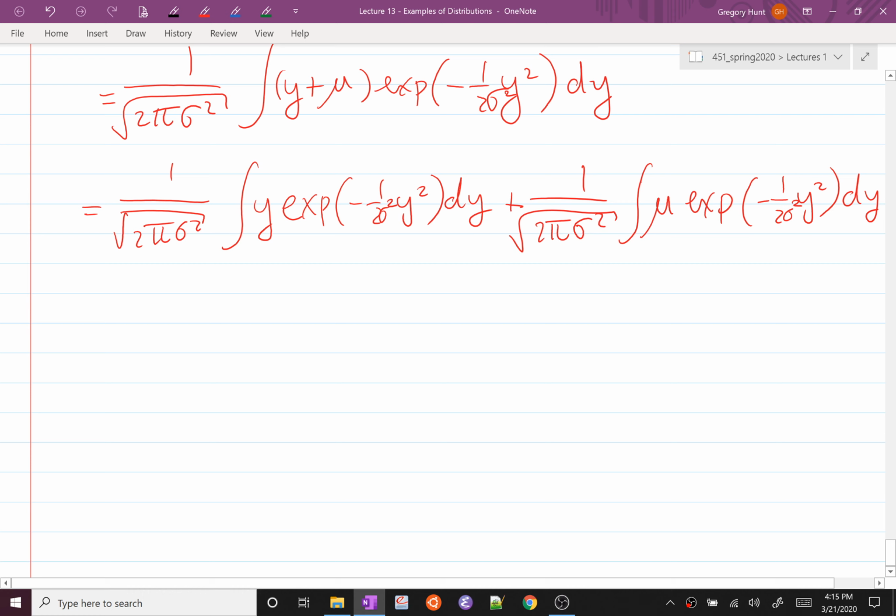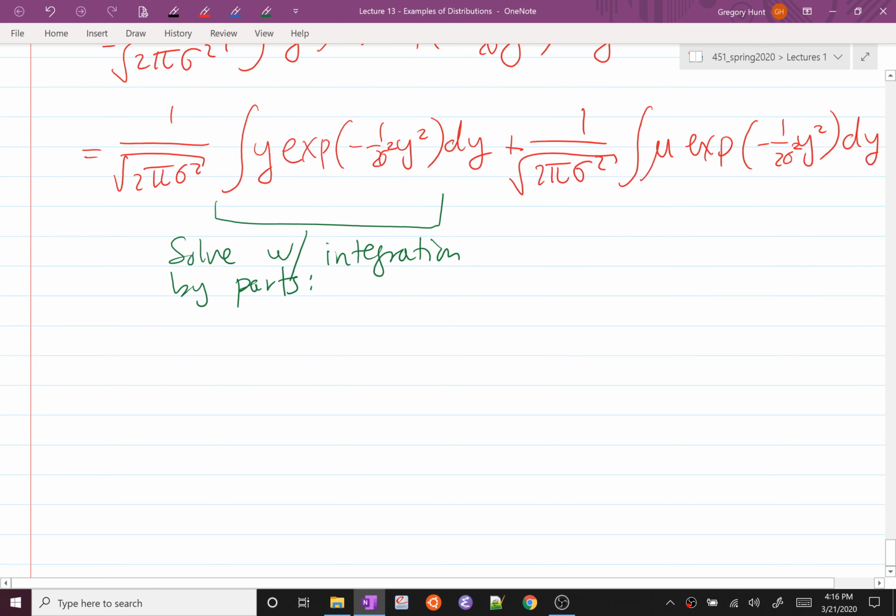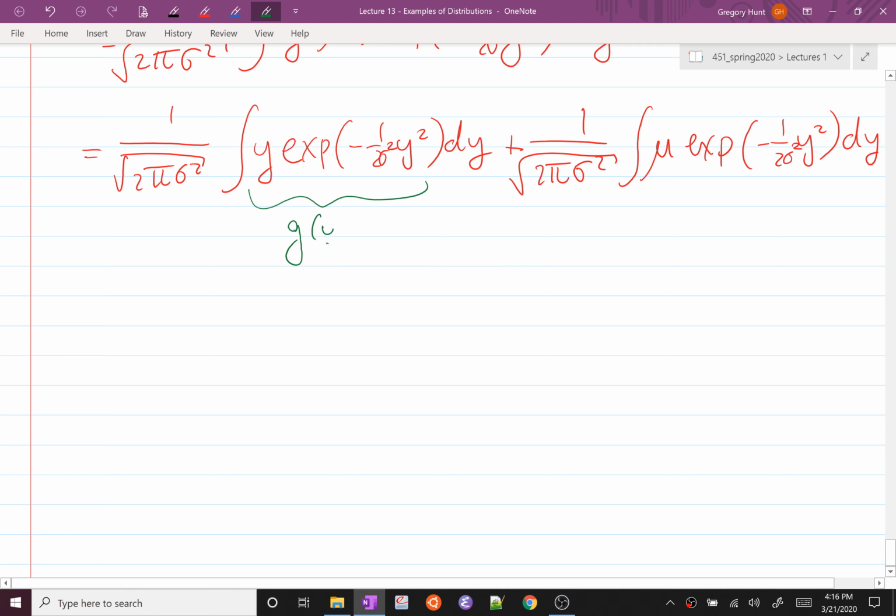Now, we have two integrals we want to solve. We can solve this one with integration by parts. Actually, this is going to be even easier than integration by parts. So let's look at this function. Let's call this thing g of y.